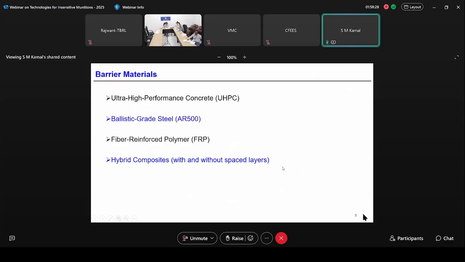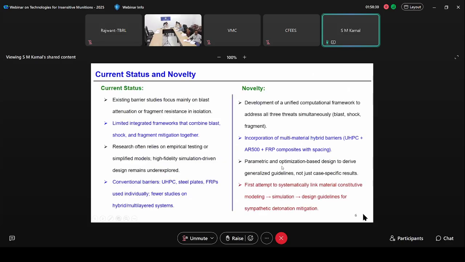Coming to the current status and novelty, most of the current studies focus on blast attenuation or fragment resistance in isolation. There is limited research that focuses on the combined mitigation of blast, shock, and fragment. Many research works often rely on empirical testing or simplified models.